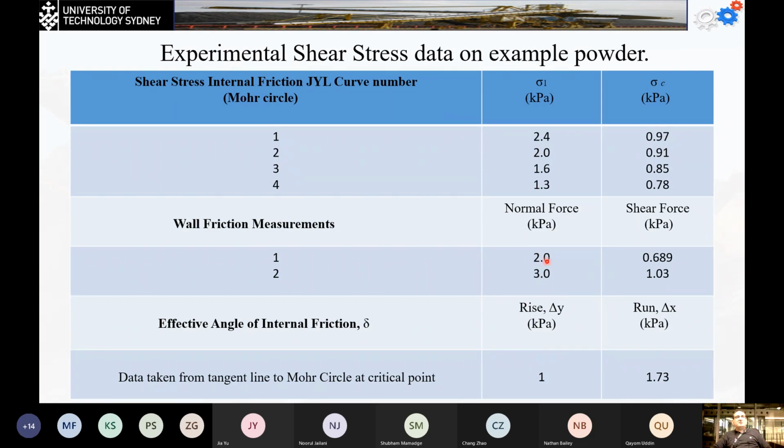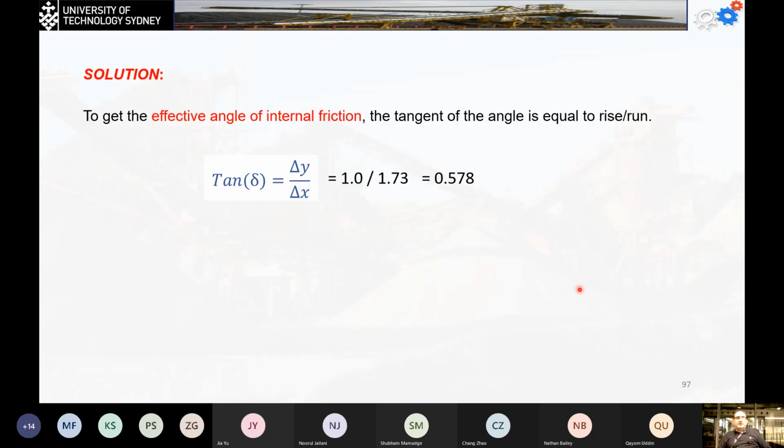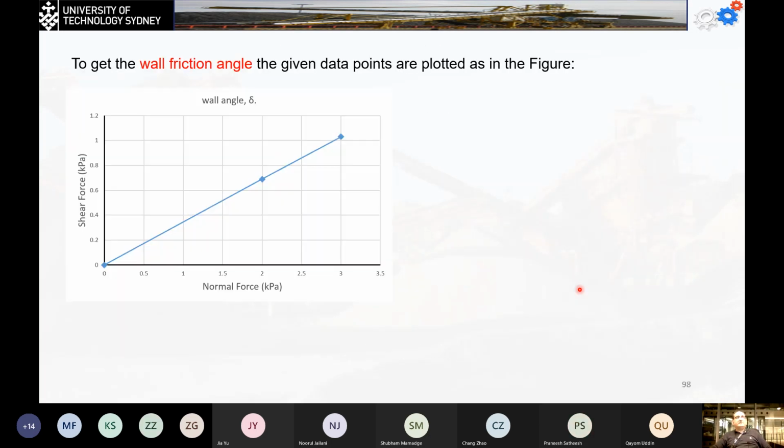We had the normal force 2 against the shear force of 0.689, and 3 against 1.43. So these are the 2 values, and as you can see, because we have 2, 3, we have 0, 1, we have the line starting from the origin point.